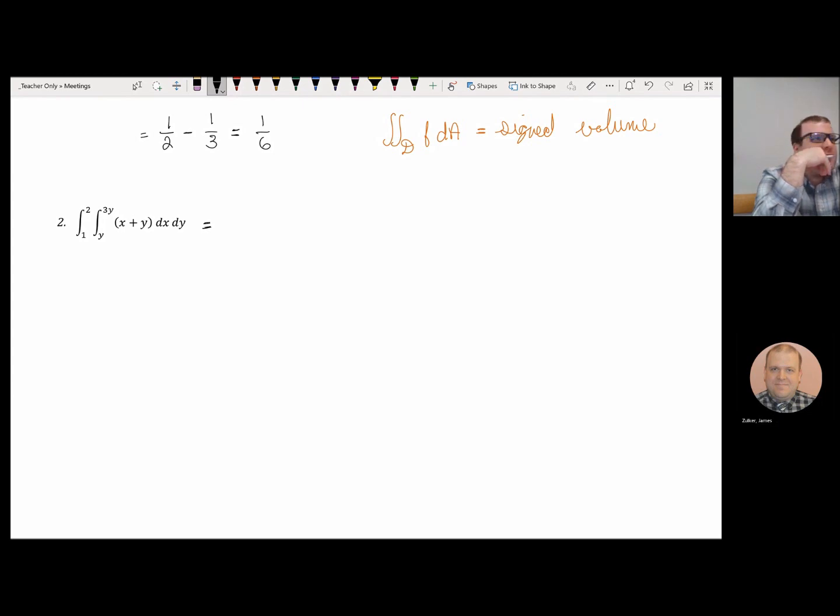So first we're integrating from y to 3y of x plus y with respect to x.